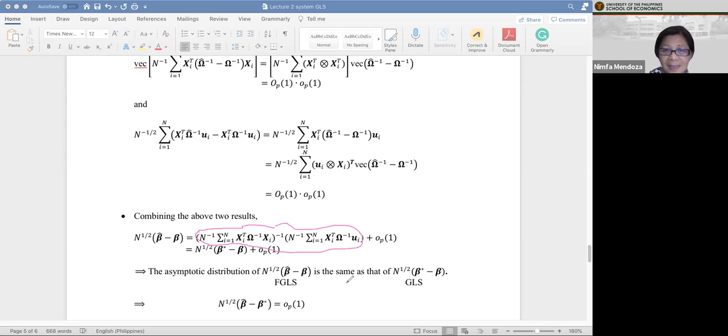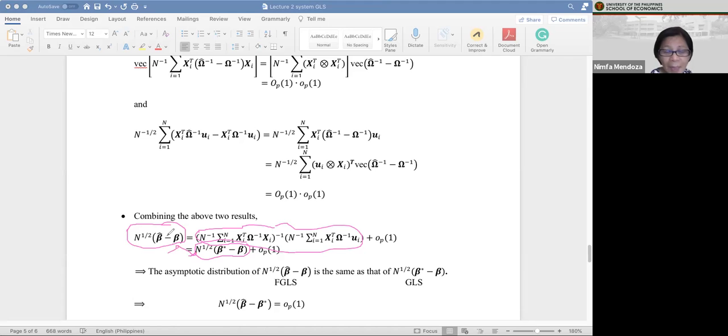So what does that say? The asymptotic distribution of n to the 1/2 beta hat minus beta is the same as that of n to the minus 1/2 beta star minus beta. Asymptotically, these two expressions would have the same asymptotic distribution.